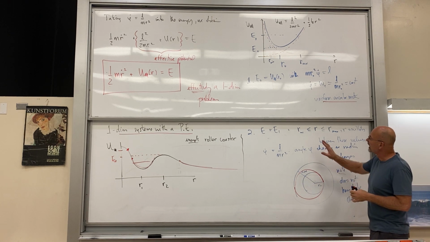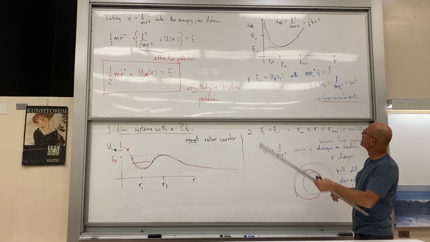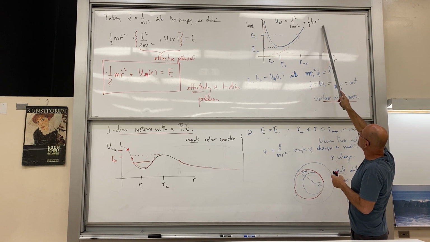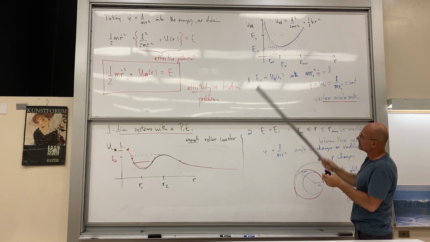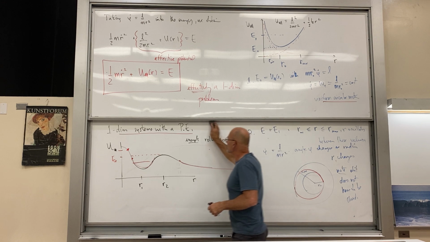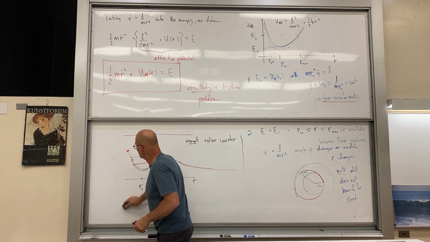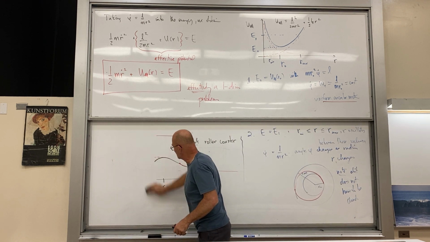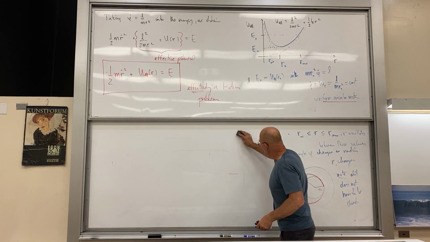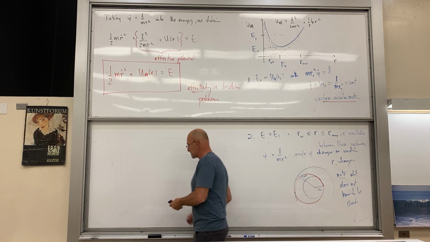So this is the discussion of half k r squared for the potential, and then the entire thing is the effective potential. Now the Kepler or the Newton potential is also really interesting.